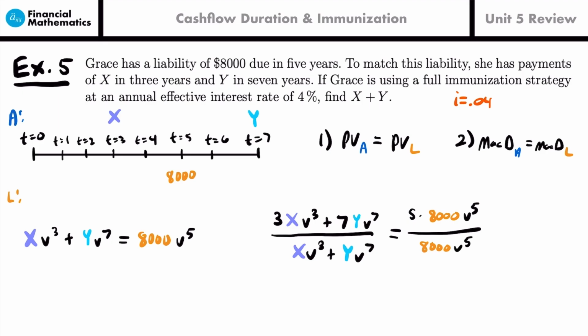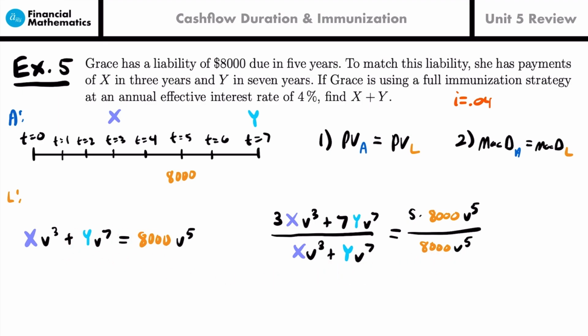Okay, so now, what I always do in immunization problems like this is I like to simplify the equations we are working with. What I mean by that is notice that we already said that the present values of the assets and liabilities are equal. So when you look at this Macaulay duration equation, the MacD for the assets, we're setting it equal to the MacD of the liabilities. The denominators are just the present values, right? We already know that these two things are going to be equal by this first equation.